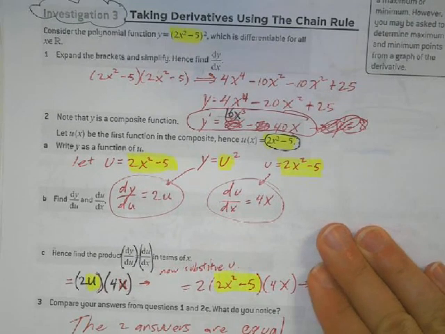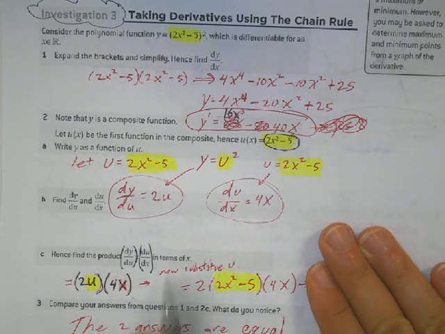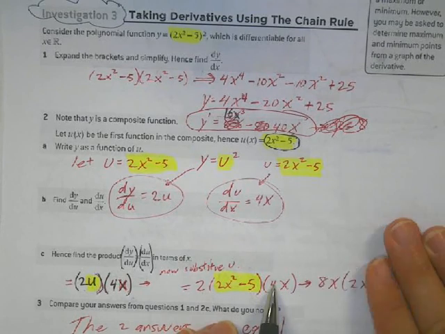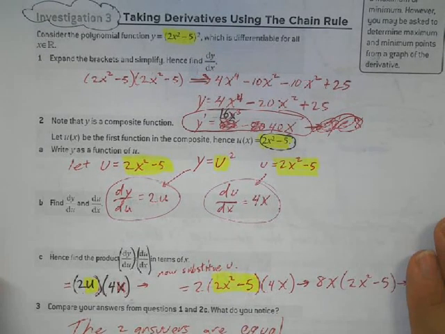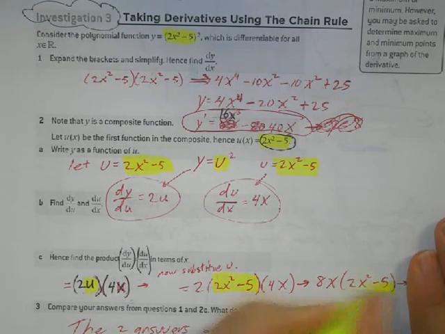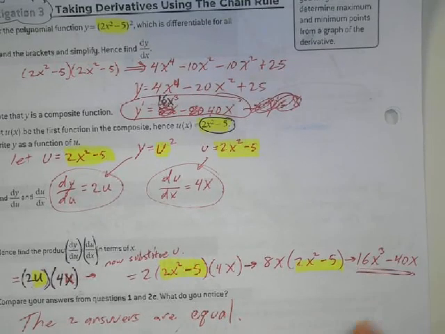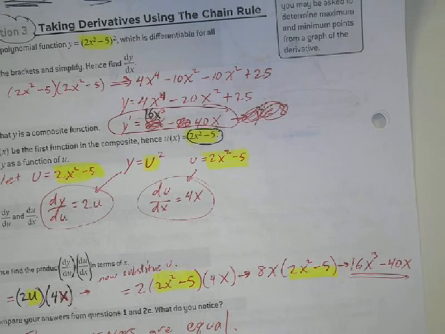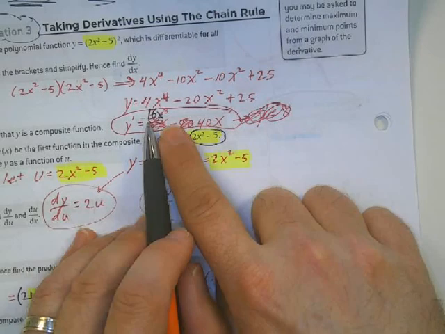So now I've got 2 times u, which is 2x squared minus 5, times 4 times x. Okay, now I can do some multiplication. 2 times 4 is going to give me 8, so I've got really 8x here, times this yellow stuff. And then if I distribute some further, I end up with 16x cubed minus 40x. And what we did up here, when I took the derivative, we ended up with 16x cubed minus 40x.